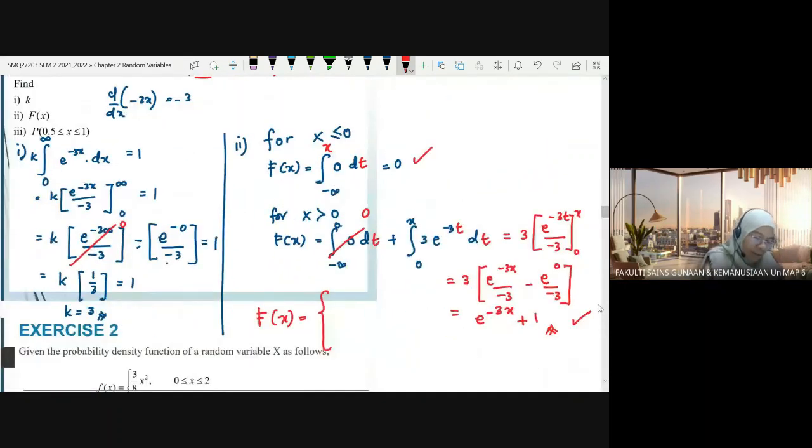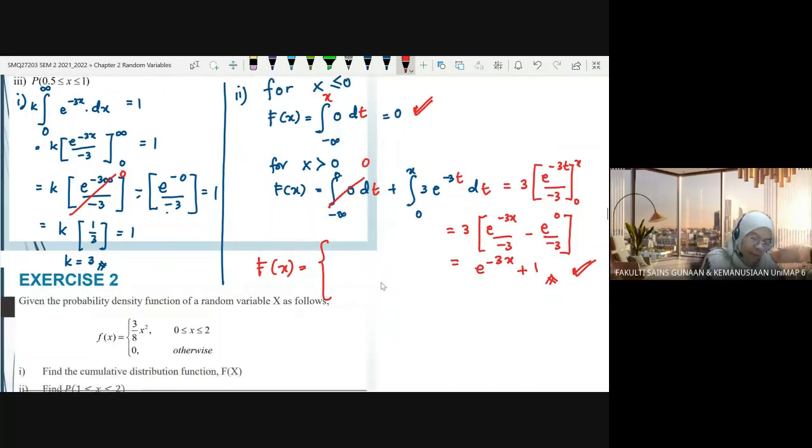Taking into account the answer that you got, you will have e to the power of negative 3x plus 1 here, and this one is for x greater than 0, and 0 for x less than or equal to 0. Okay, so this is your distribution function for your x random variable, continuous random variable.